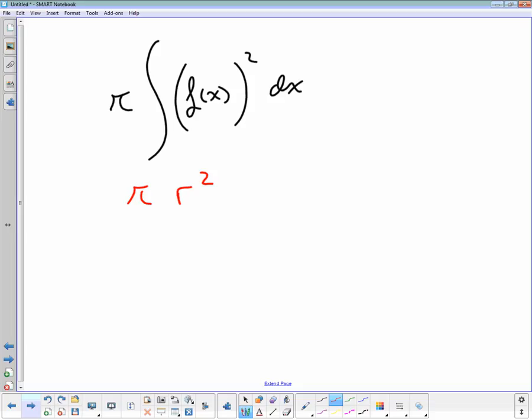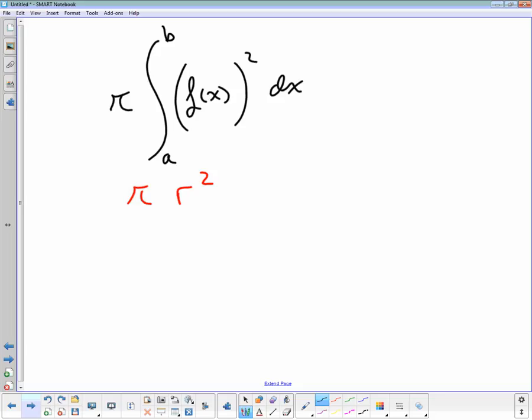Now, what that r is depends upon the function and what you're revolving around. And this thing could be written in terms of revolving around x or revolving around y. We're definitely going to have bounds, a and b.